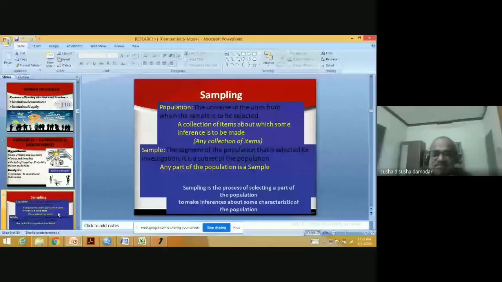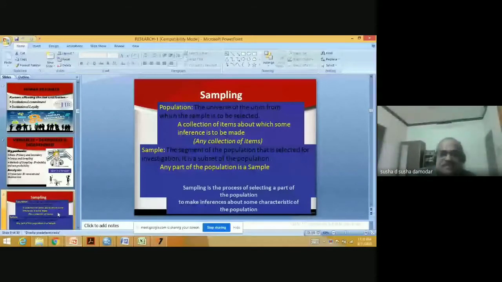These selected respondents constitute the sample. Based on the information furnished by the sample respondents, we have to make some inferences about the population. That means the sample is a part of the population. And the sample must be the true representative of the population.